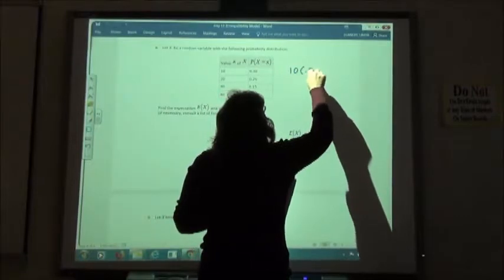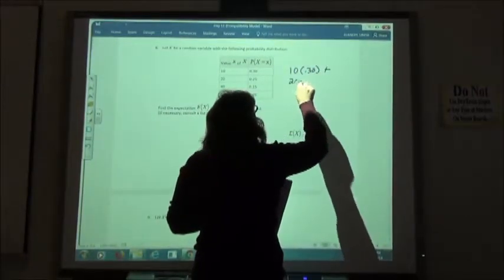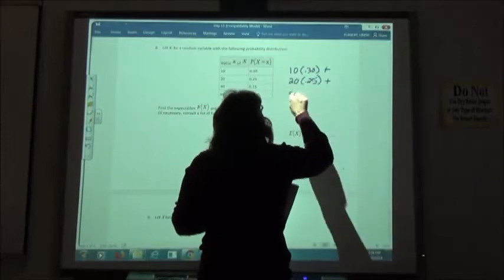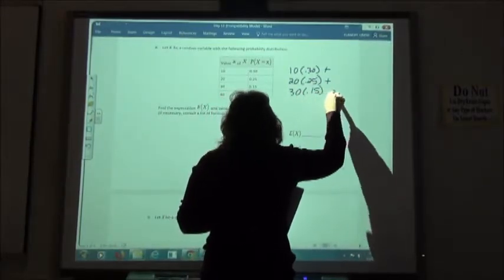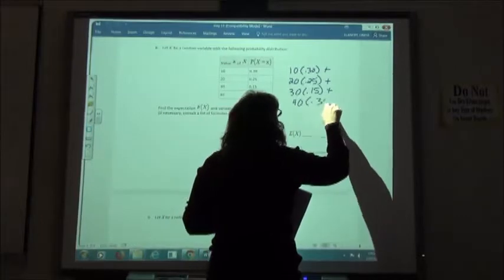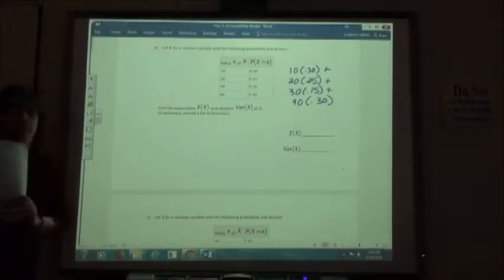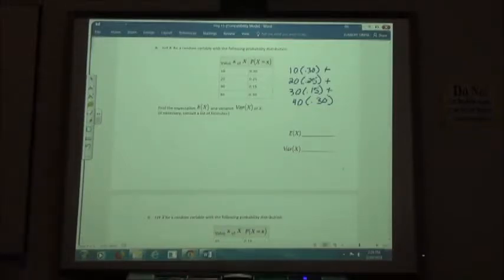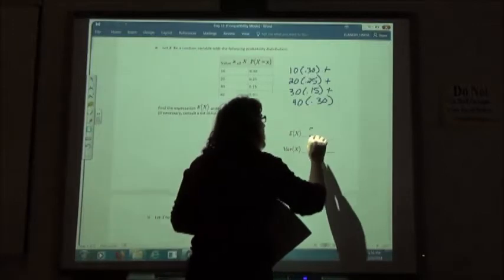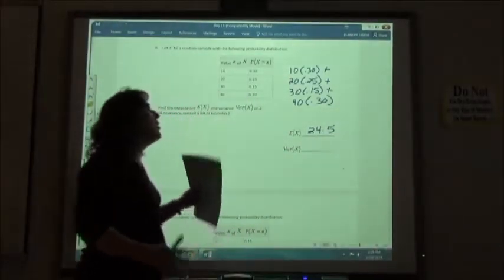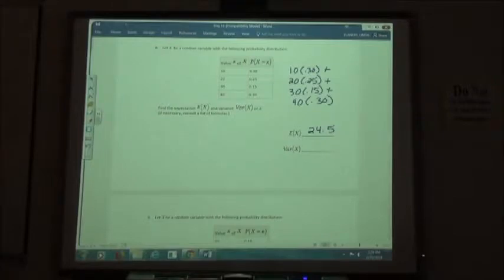So 10 times the 0.30 plus 20 times the 0.25 plus 30 times the 0.15 plus 40 times the 0.30. 24.5, exactly what you should get. 24.5 is our expectation, is what they call it here. It's like the weighted mean.